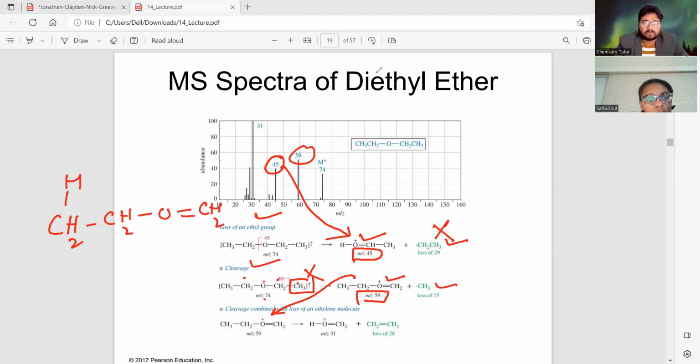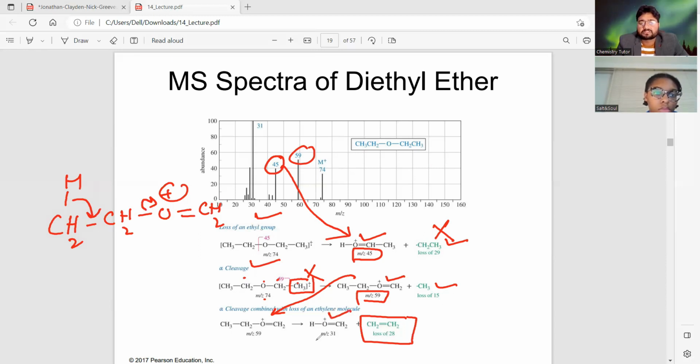So what is happening over here? This oxygen carries a positive charge. This fragment which is formed is M/Z 59. An ethylene molecule is going to be released from this fragment. And how is this cleavage going to take place? Shift this bond over here and this bond over here. As a result, you will get this fragment which appears at M/Z 31, and which is your base peak.